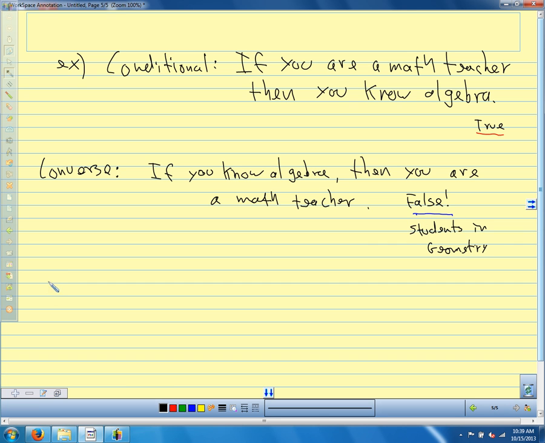Now let's form the inverse. To form our inverse, we just put a not in front of the hypothesis and the conclusion in our original conditional. So how would we write our inverse? If you are not a math teacher, then you don't know algebra.